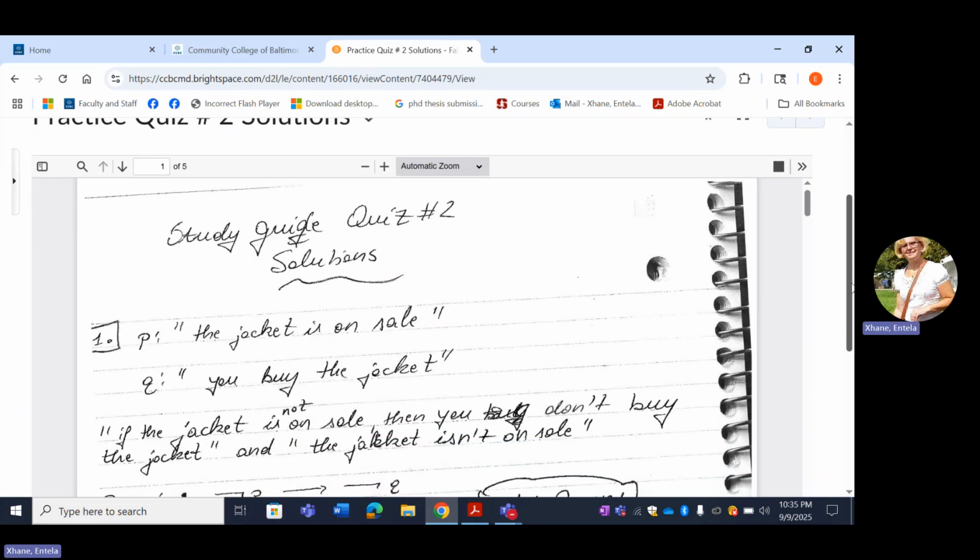Based on what we are reading, and as I did comment today, it's important to identify the single propositions. So I encourage you to start off by identifying them. As I'm reading through the first premise, we have if the jacket isn't on sale, then you do not buy the jacket. I'm going to do another comment based on what I saw grading the first quiz. Make sure to use positive premises that are not negated.